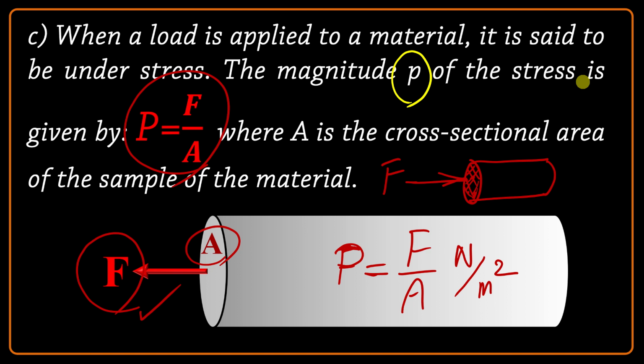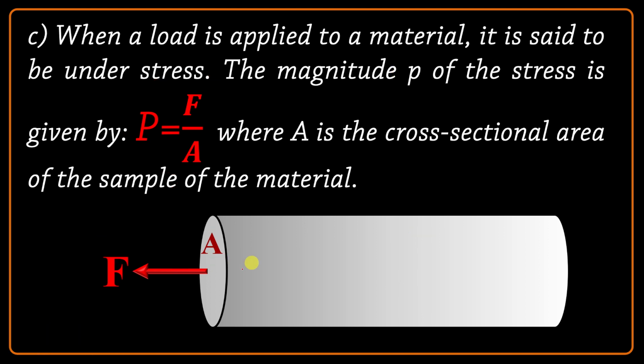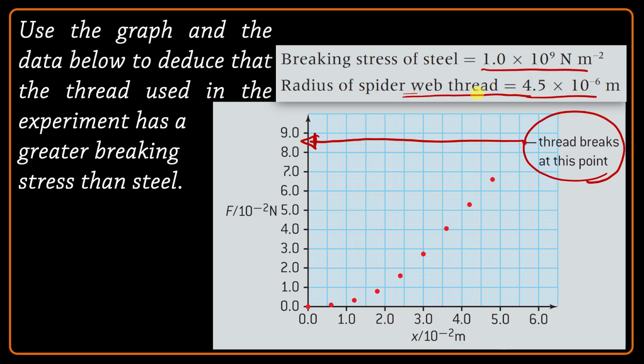Radius is exactly here. Let me show you something. Suppose that here I have a cross-sectional area like A, and the radius of this circle will be R. Okay, this is exactly the radius of that. I suppose that the thread of that web will be a kind of cylindrical shape.